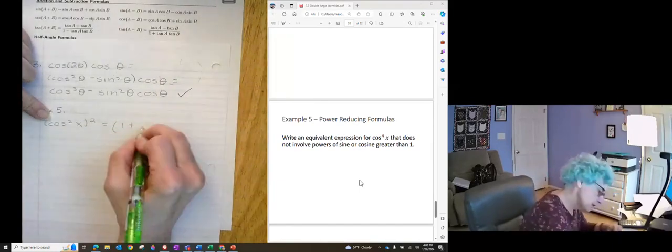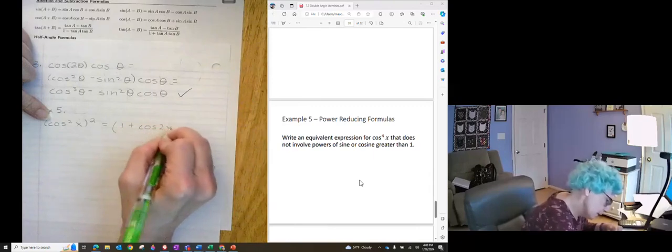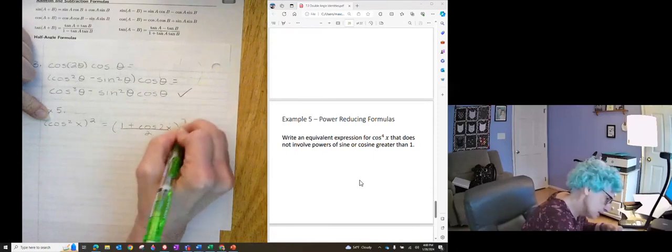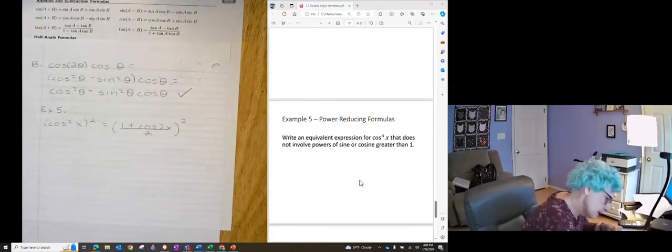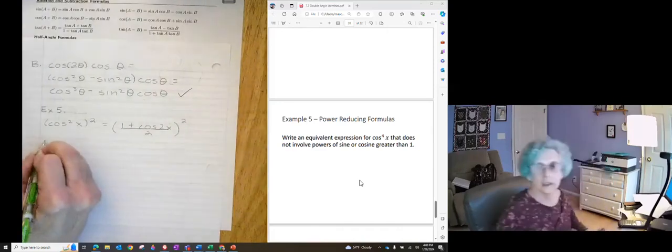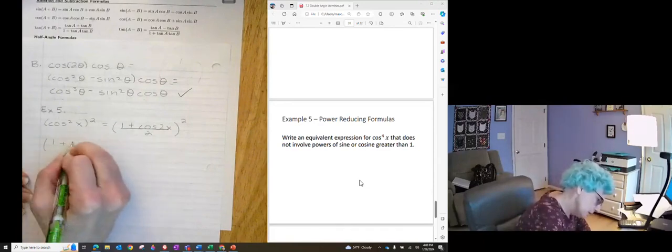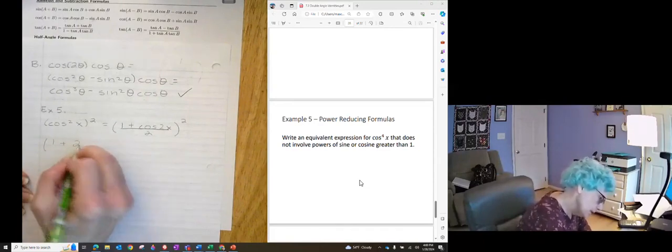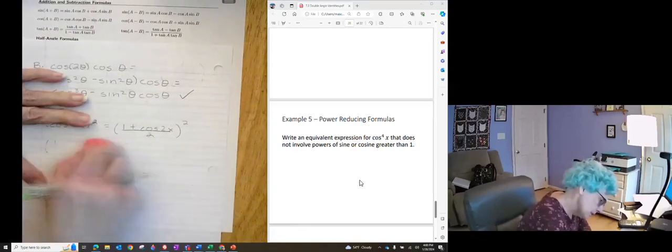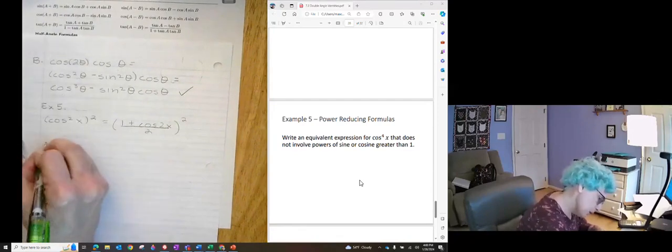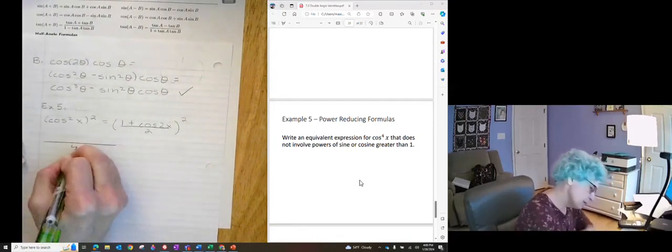Well, cosine squared is 1 plus cosine 2x living on top of 2, squared. So that would be 1 plus, let's see, I think I'm going to go ahead and square and put it over 1/4.